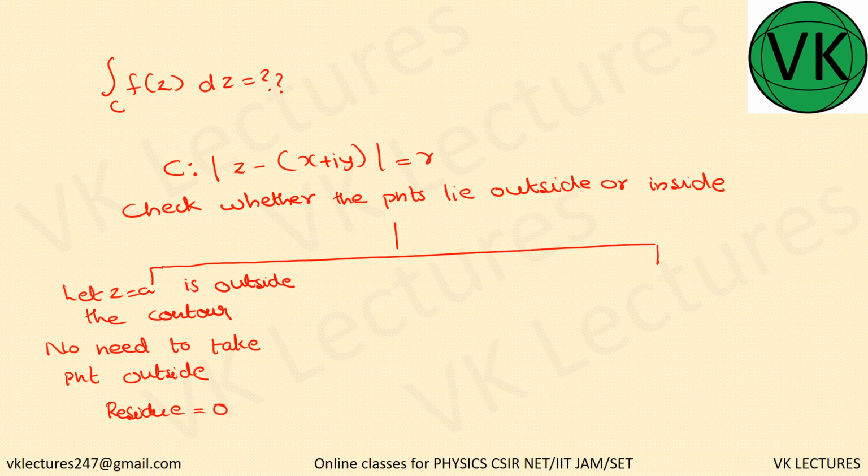Here let z = b be inside, then the integral is equal to 2 pi i times the summation of residues.